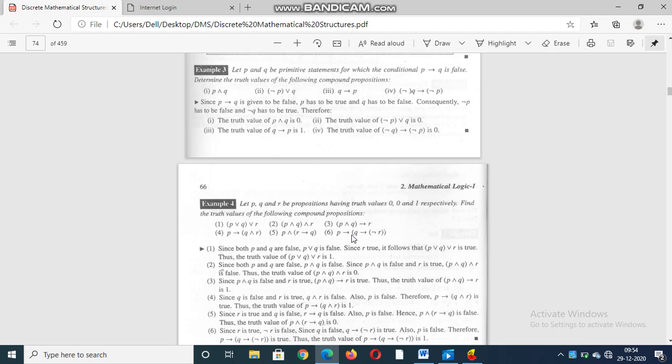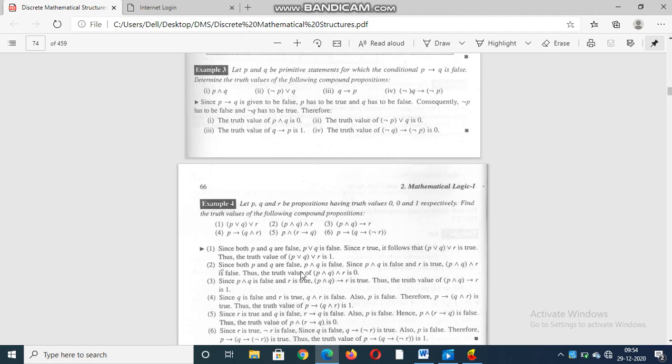Then P implies Q implies negation R. First you have to do the negation operation first, like multiplication first, then division, addition, subtraction. Not R: R is already 1, so not R is 0. 0 implies 0, output is 1. P is 0, 0 implies 1, output is 1. You observe the sixth statement, the output is 1.